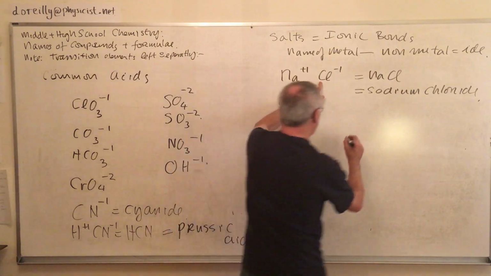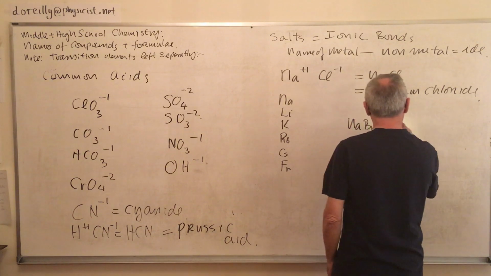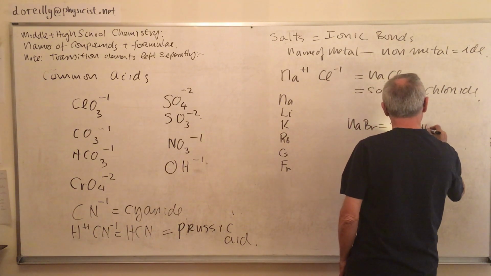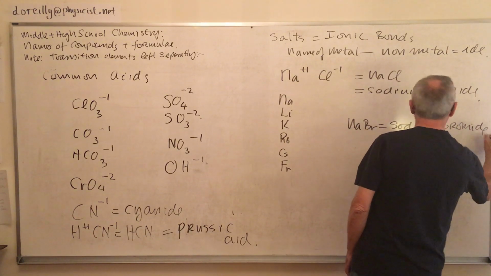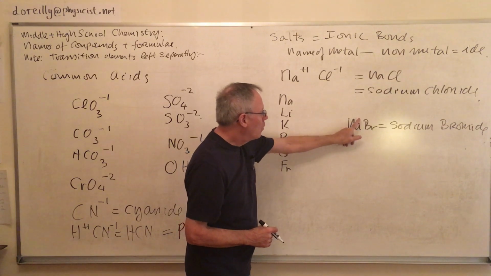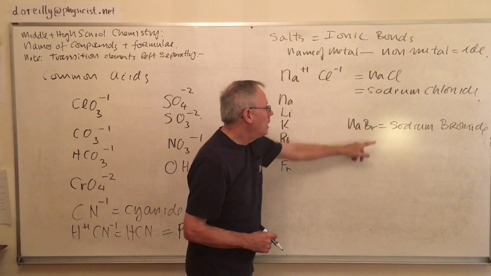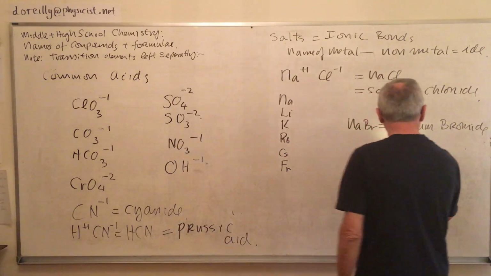Also with bromine. Chlorine, bromine, all the halogens will behave the same way. 1 and 1, 1 and 1. So, fluorine, chlorine, bromine, iodine, and astatine.